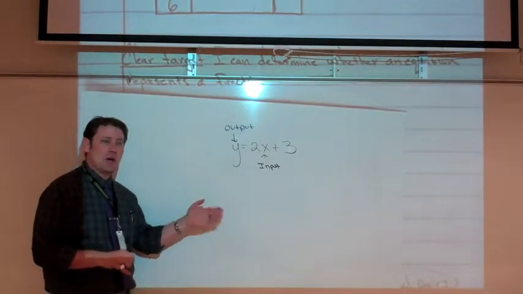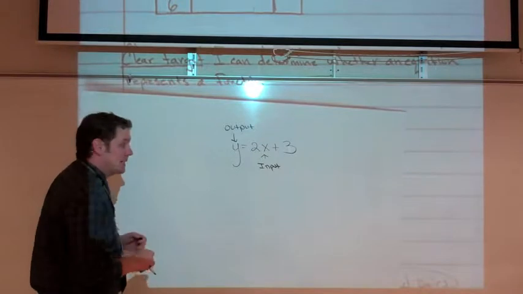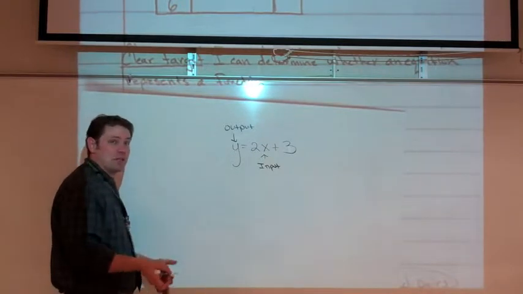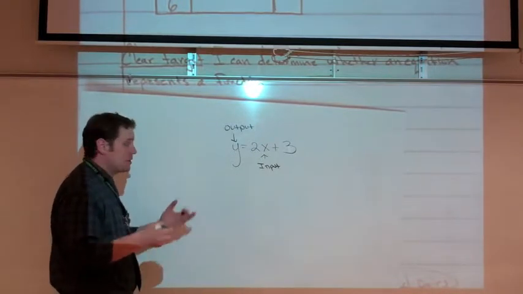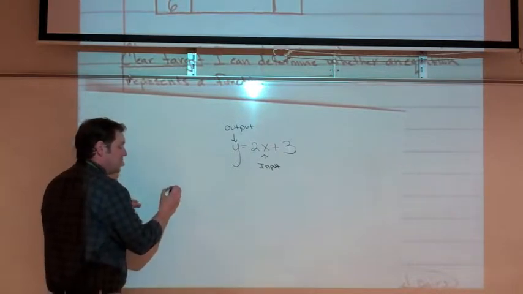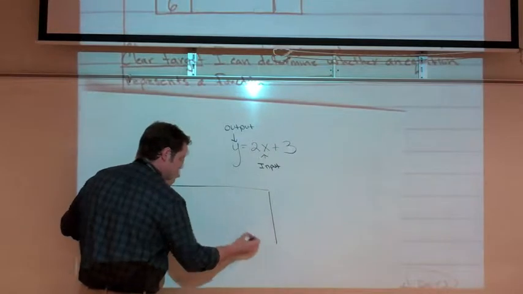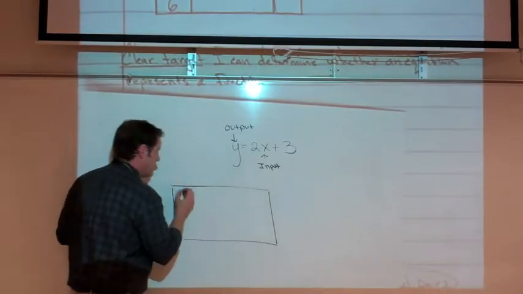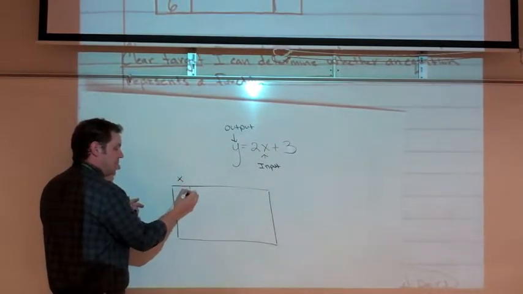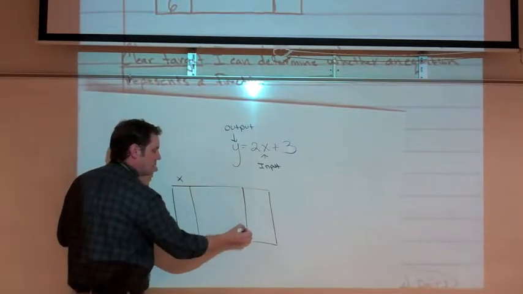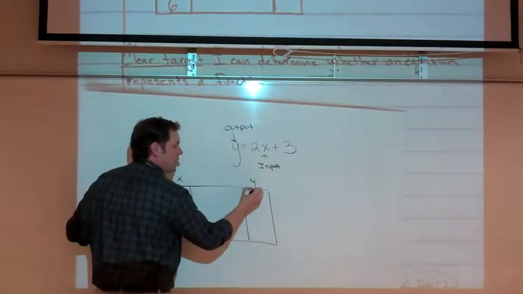Now that you have this in your notes, let's apply this by creating a table. We need a table of values in order to understand the ordered pairs that go with our input and output. So create your table. Start with your input value, and then you have your output value.